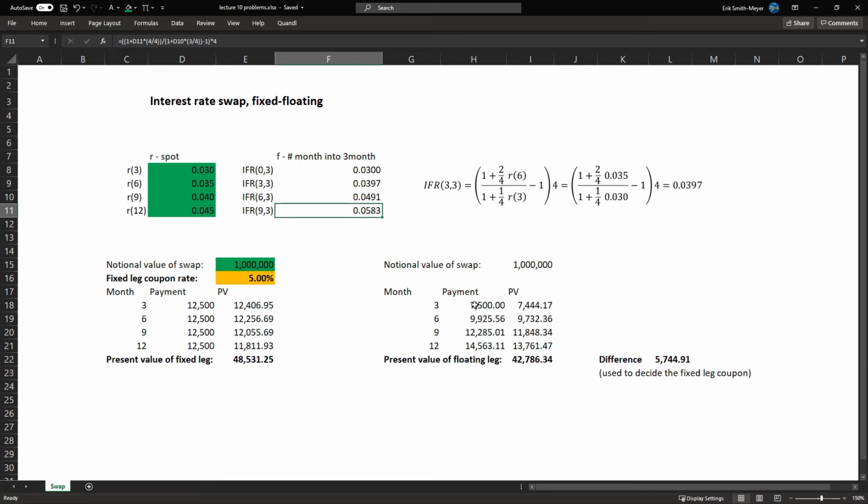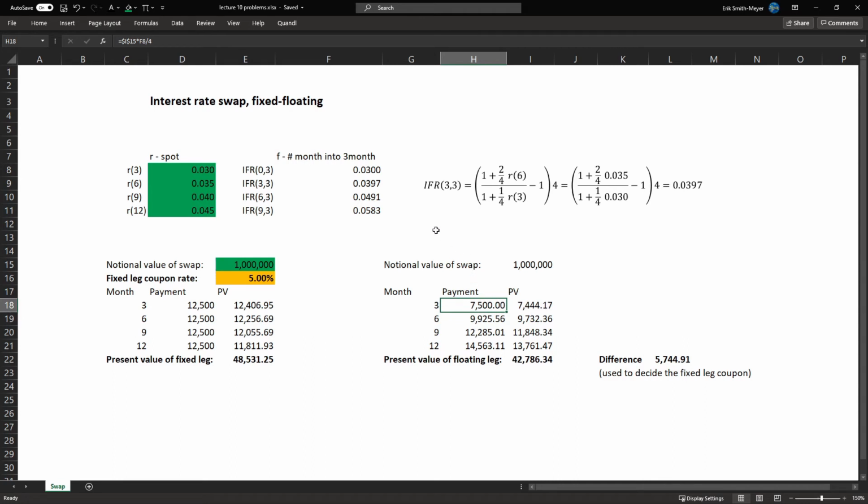So for example, if we have a notional value of the swap of 1 million and we have 0-month into 3-month implied forward rate of 3%, then we take the 3% divided by 4, because it's only a 3-month rate, times the notional value. Then we get a coupon from the floating rate of 7.5 thousand.